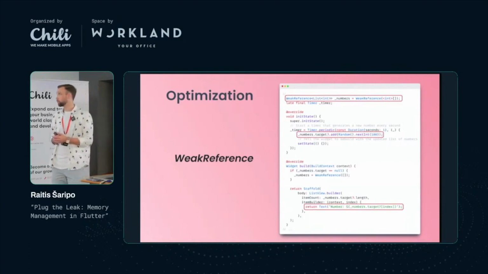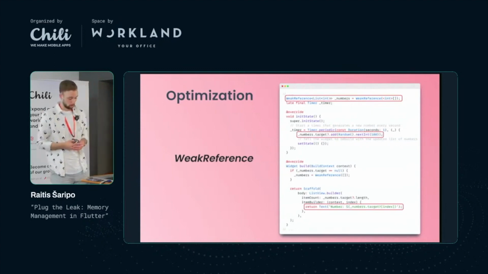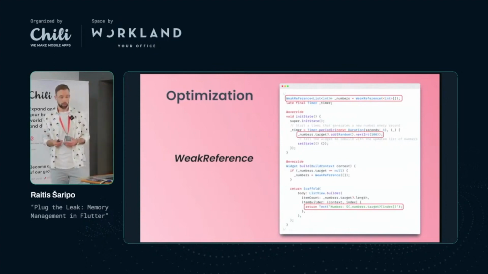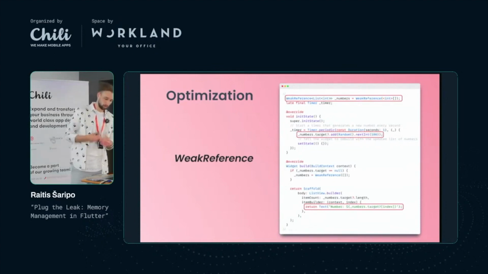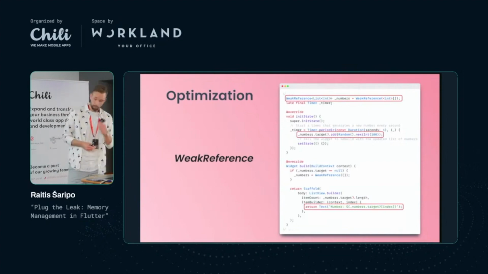And how it works, basically you wrap any regular object that you would create normally with a normal reference within the weak reference class, and just basically use it.